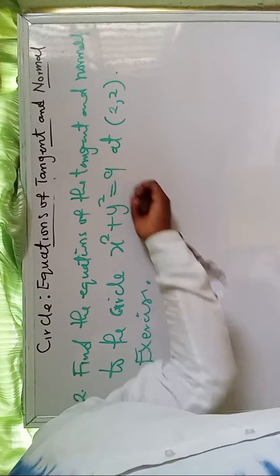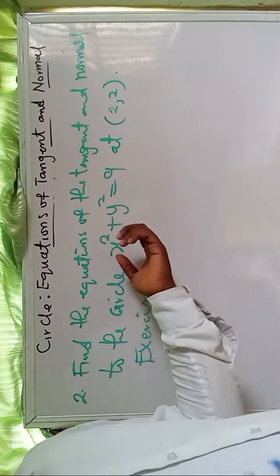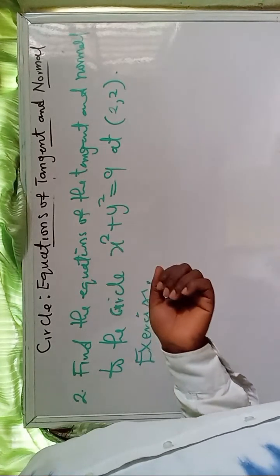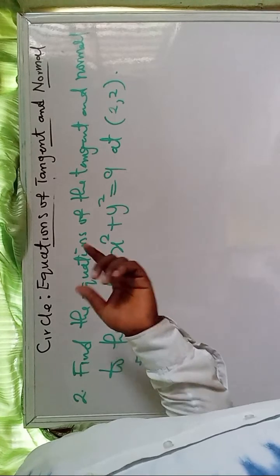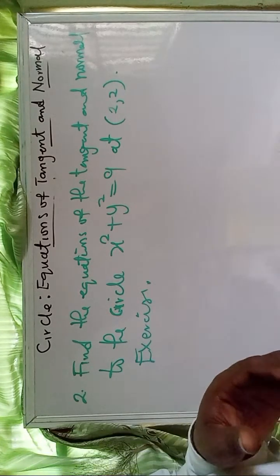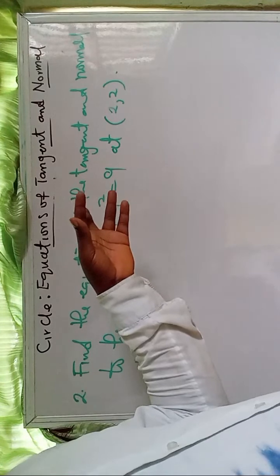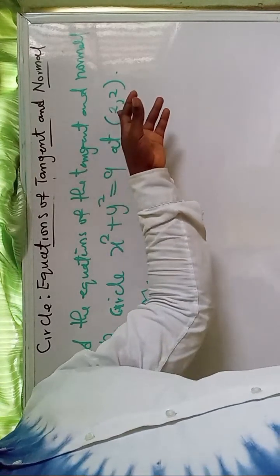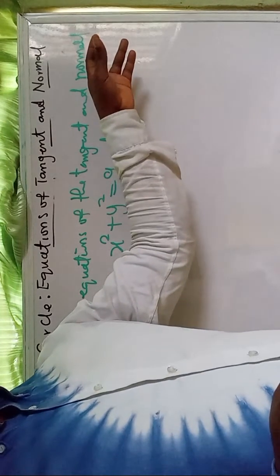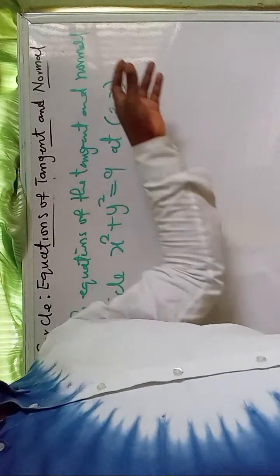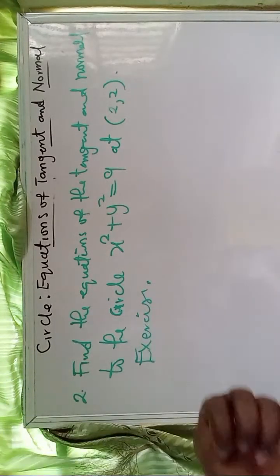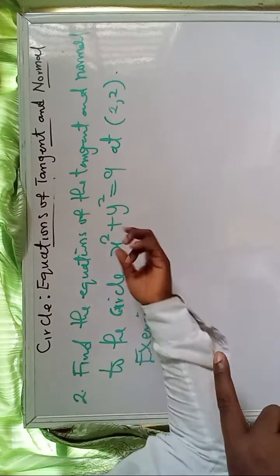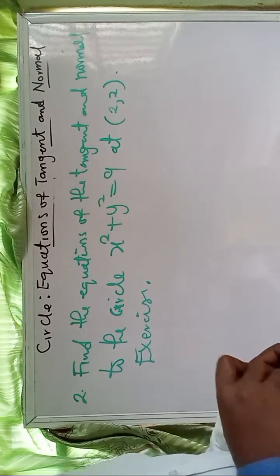So all you need to do is to obtain the slope of the circle, after which we use that slope to get the equation of the tangent and the normal at the point 1, 2. So one can take that as an exercise using the two formulas we generated from the equation of the circle at the origin.